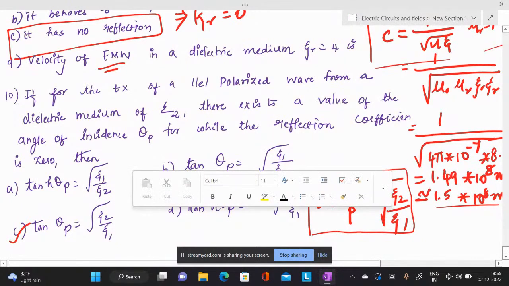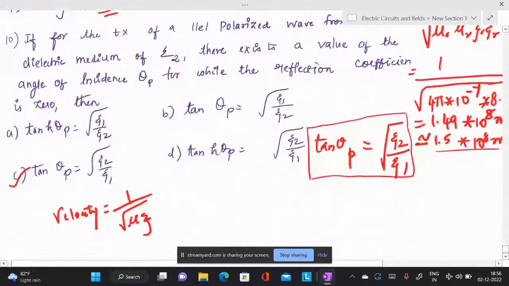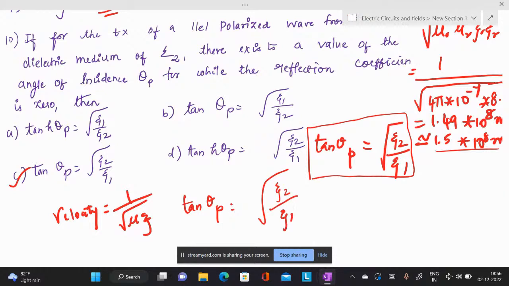So here a few formulas you have to remember, that is velocity equal to 1 by root of mu epsilon. Then the angle of incidence for two different materials, that is tan theta p, not a hyperbolic function: the root of the second medium's permittivity divided by the first medium's permittivity.